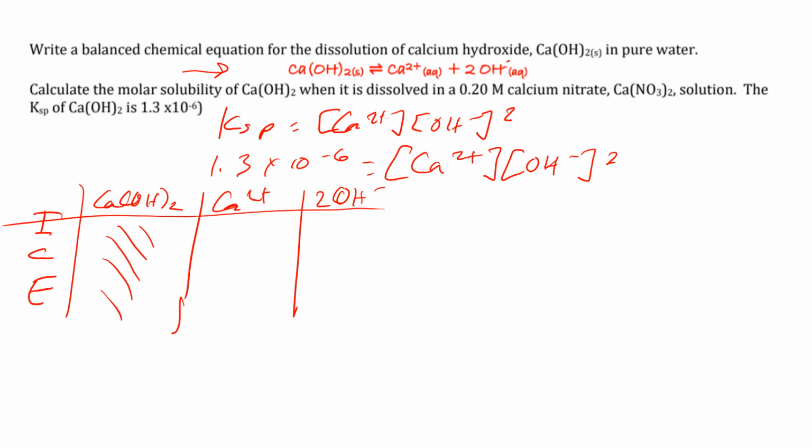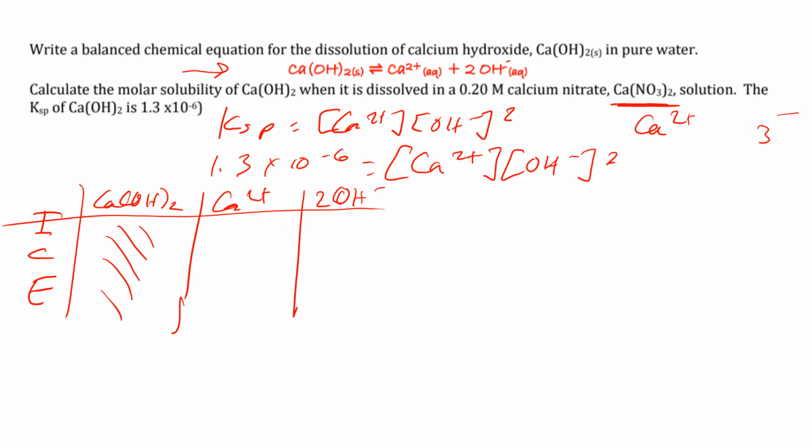So you have calcium nitrate. So it's dissolved 0.2 molar. So this means that this is going to dissociate completely. So you have calcium ions and nitrate ions, 2 of those.